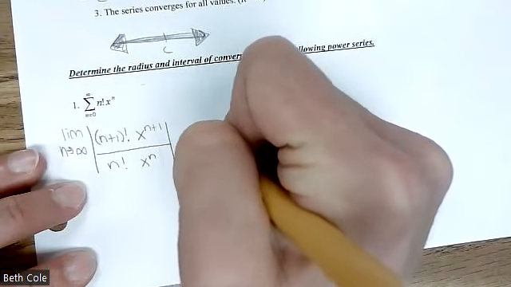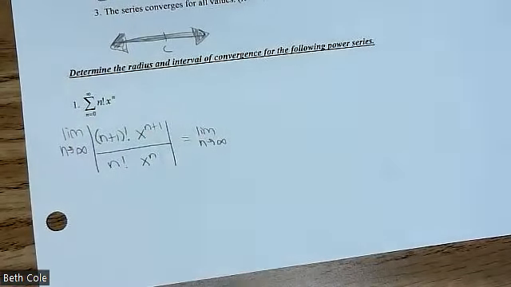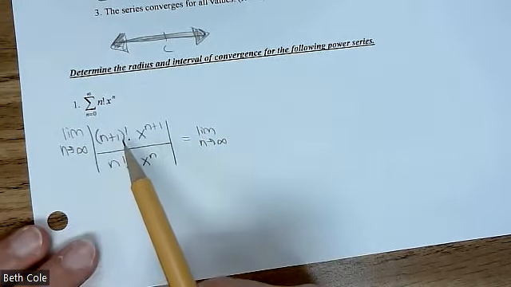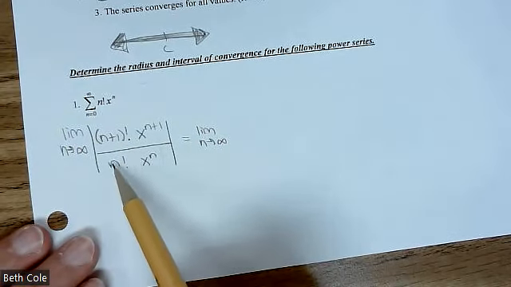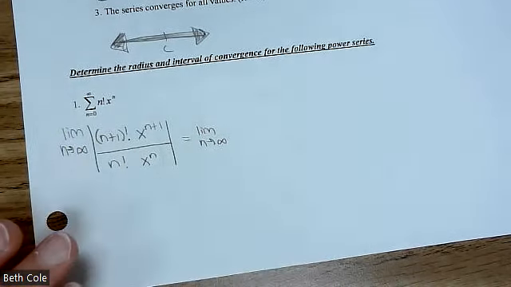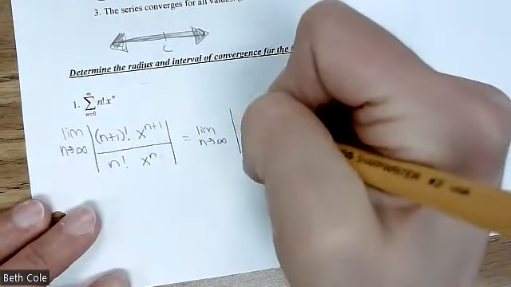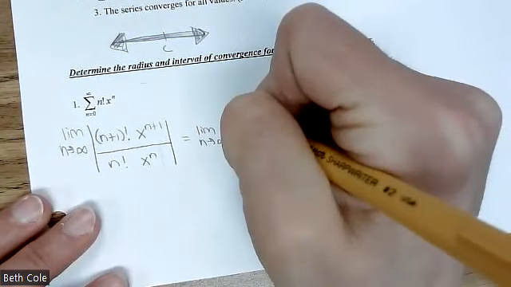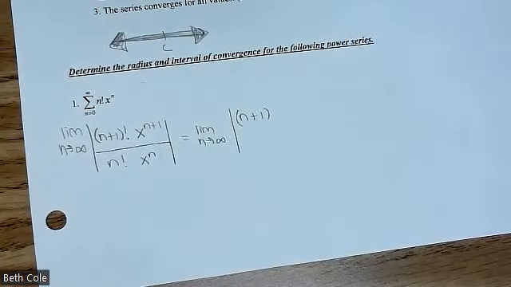In your second step, you would do the reciprocal, but this one didn't end up being a fraction, so we can skip that step. In the third step, you look for things that cancel. So you have n plus 1 factorial over n factorial. Do you remember if you listed all that out, it would all cancel all the way up to n, and what you would have left is that n plus 1 in the numerator.